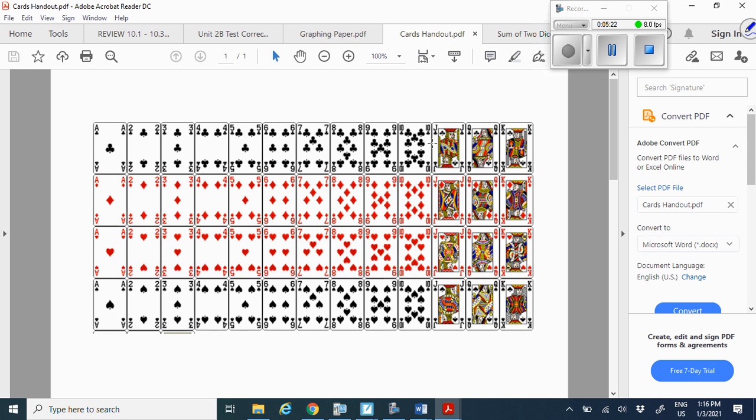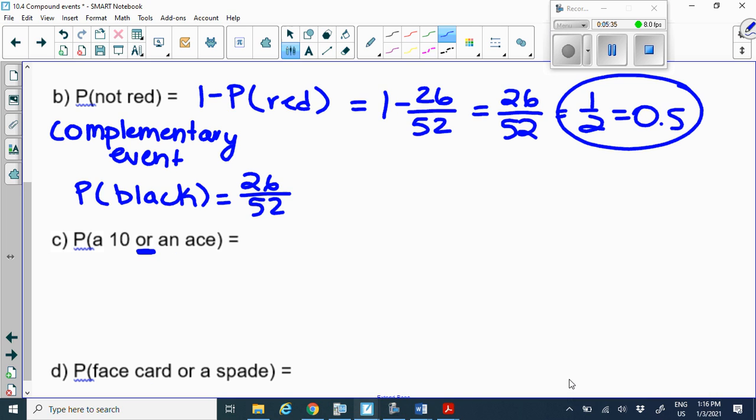So if it's a 10, let's count how many tens we have. 1, 2, 3, 4. So that means out of all 52 cards, we have 4 of them. Then how many aces? 1, 2, 3, 4. Same thing. Okay, so since it's an or and it's disjoint, we're going to add the probabilities.